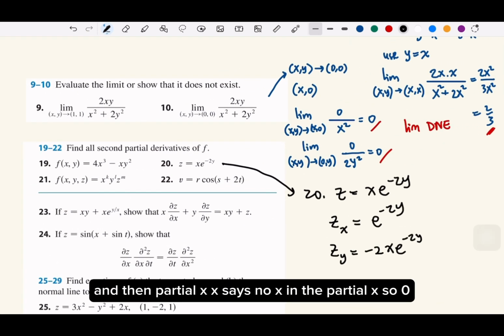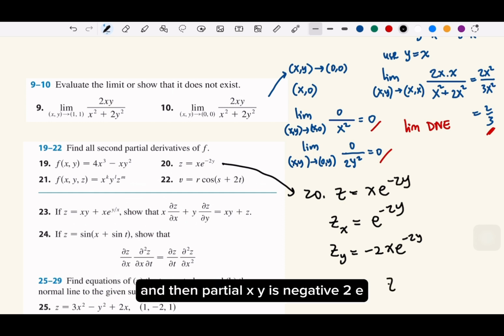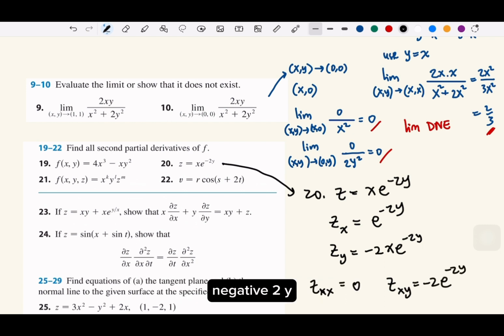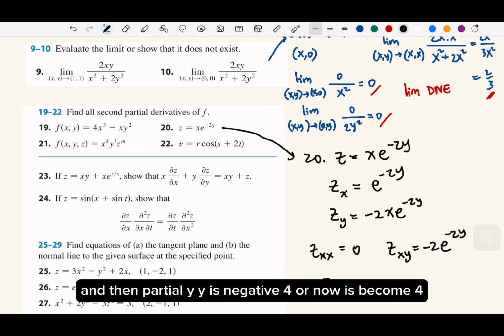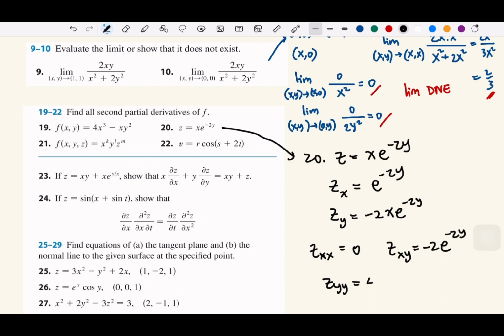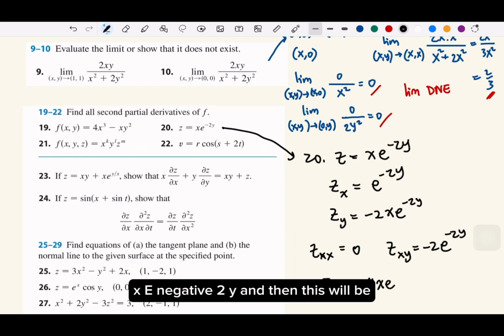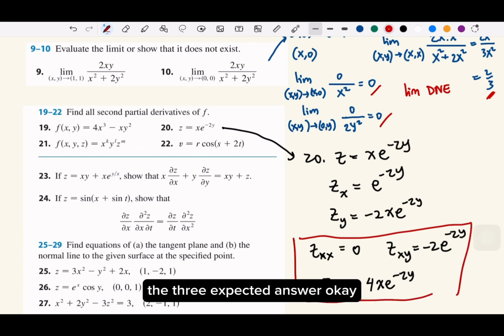And then partial xx, since there is no x in the partial x, is 0. And then partial xy is negative 2 e negative 2y. And then partial yy is negative 4, or now it becomes 4x e negative 2y, and these will be the 3 expected answers.